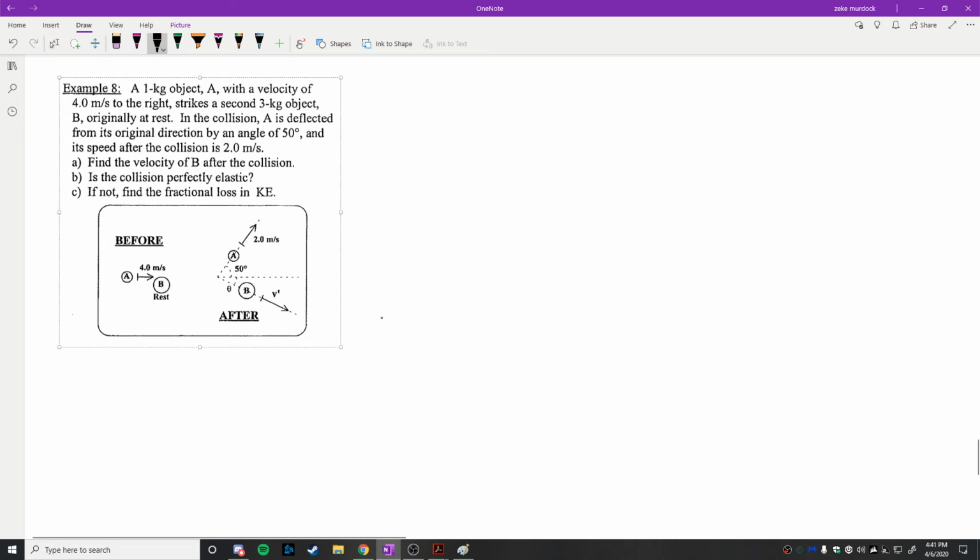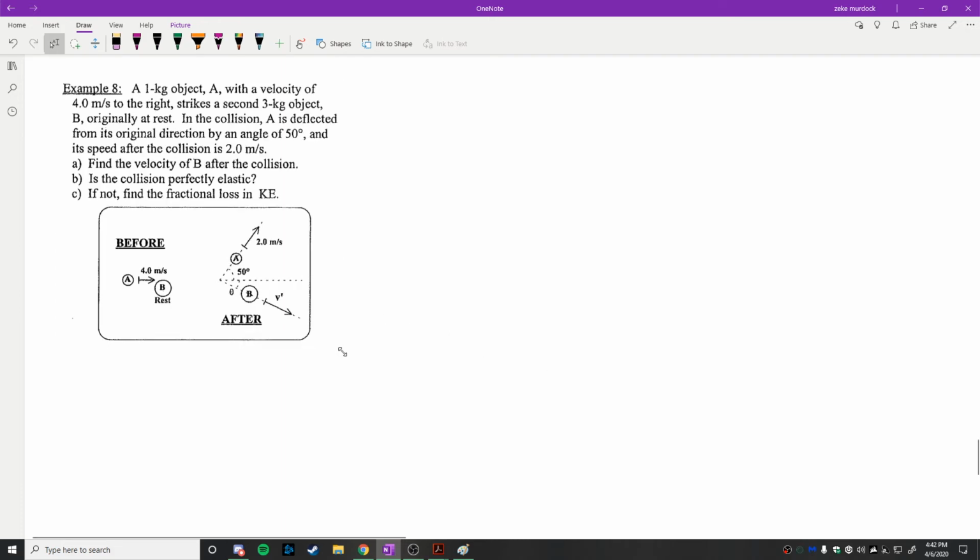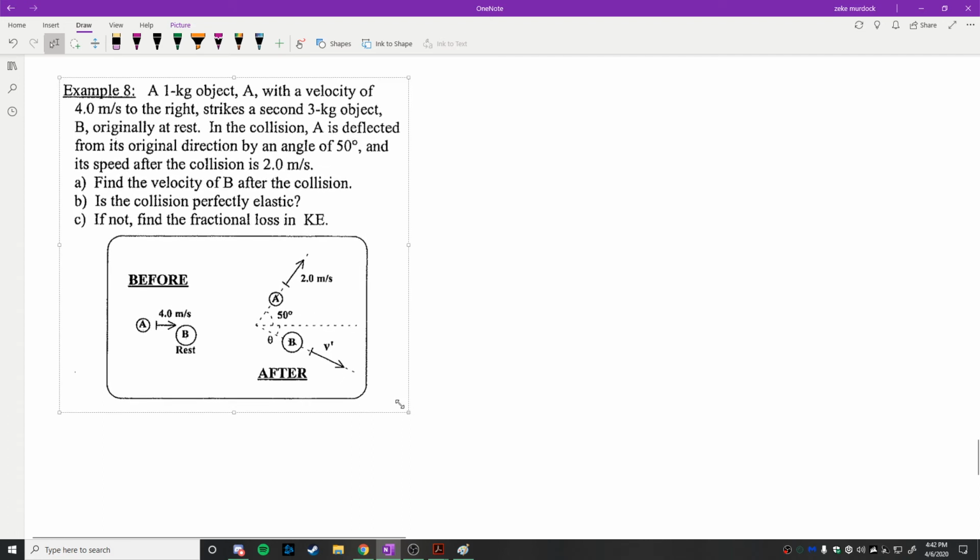So this is our system. This picture's pretty good. I wonder if I can annotate on this picture if I make it a little bigger. There are no labels for vectors or the values there. So let's give these things some values. We have a ball called A, moving with a velocity. Since this is the only initial velocity in the system, I'm just going to call this V initial, and that way we can avoid putting primes in here.